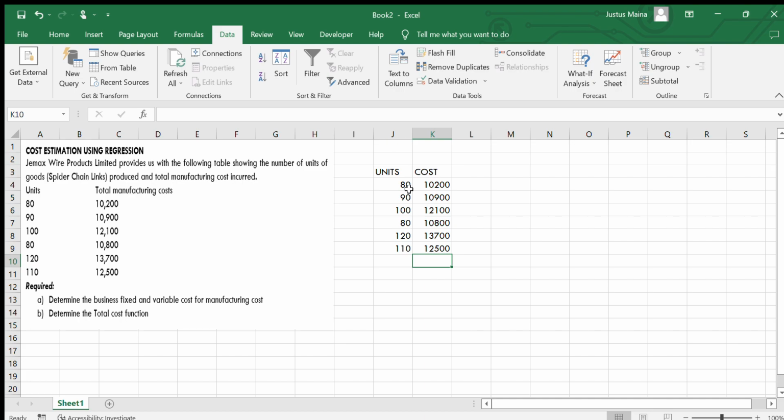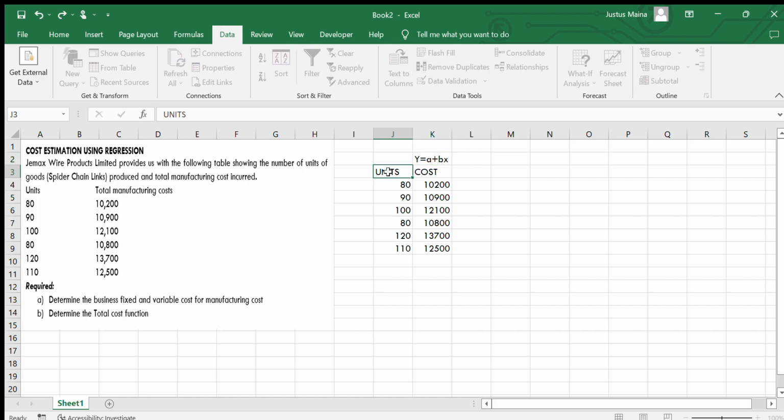So what derives the other? We have said that the level of output are the cost drivers, and the cost is a result. So we have assumed an equation whereby y equals a plus bx. This is a linear equation. In that case, we can define what is a fixed cost and what is a variable cost.